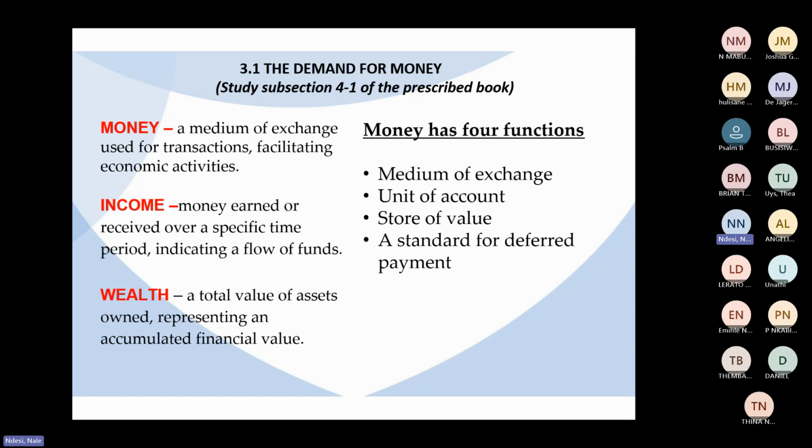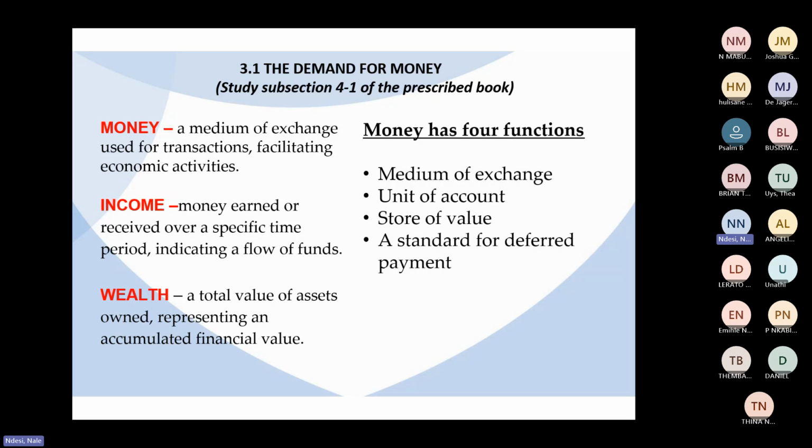Income is money earned or received over a specific time period, which indicates a flow of funds. And lastly, wealth is the total value of assets owned, representing an accumulated financial value.